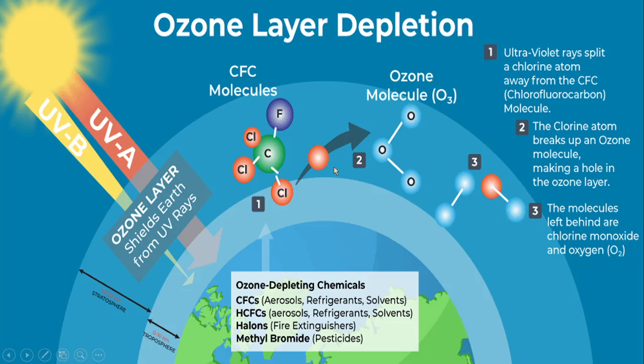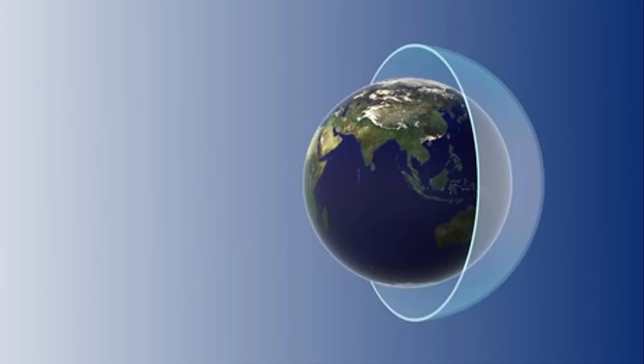Like this, one free chlorine atom can destroy thousands of ozone molecules. That is how disruptive this free chlorine is, which is emitted into the atmosphere by these chemicals used in AC and refrigeration systems.